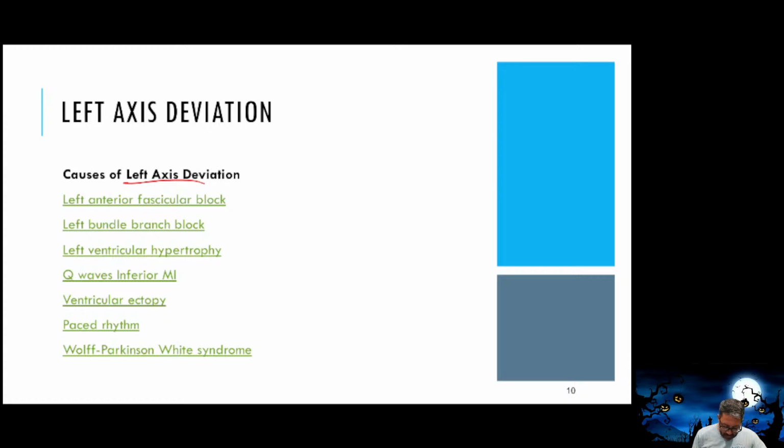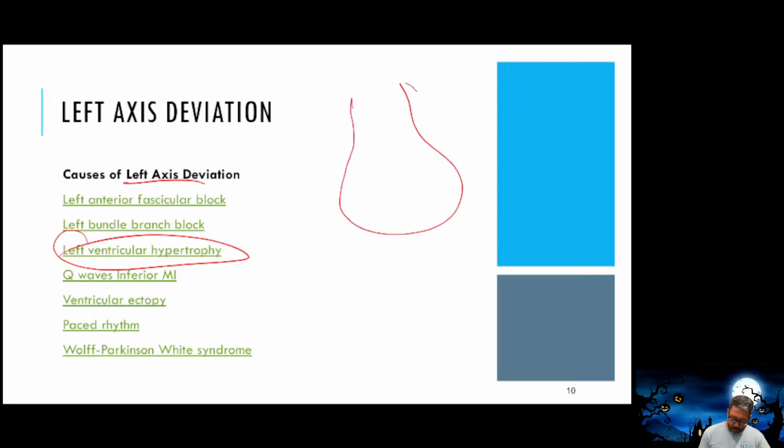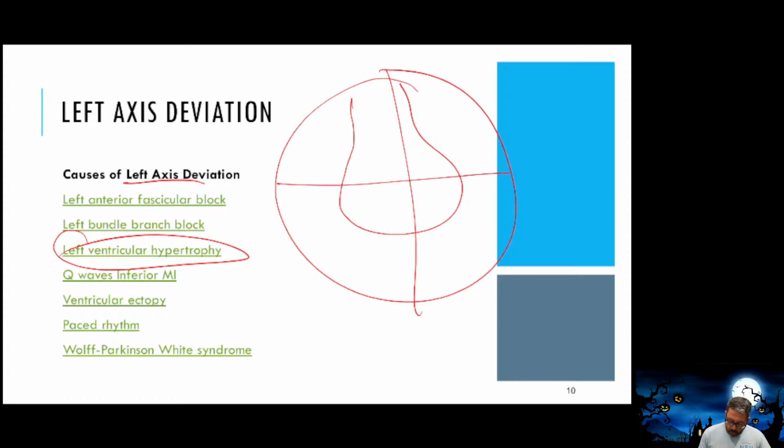Left axis deviation, left ventricular hypertrophy, because if you think about the heart and how it sits, and we put our circle around it, if you have LVH, the heart gets bigger and it shifts.